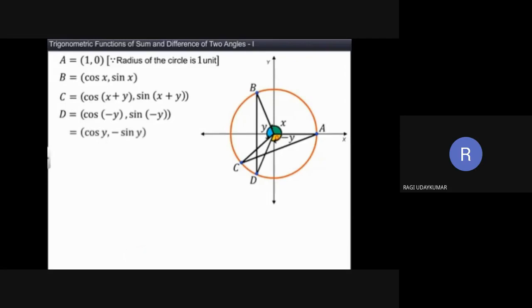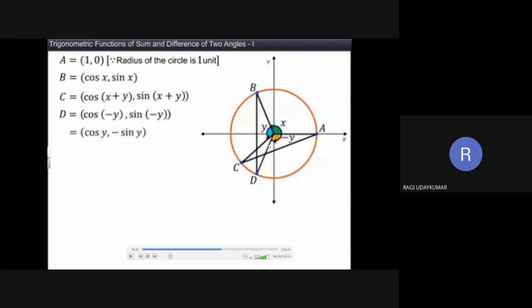But whenever the angle is considered, these coordinates will be decided by what angle this ray is making with the x-axis. That should be taken into consideration. So with the x-axis, it is making an angle of x plus y radians. Therefore, from here to here, the angle is x plus y. The coordinates of C are cos(x plus y) and sin(x plus y).